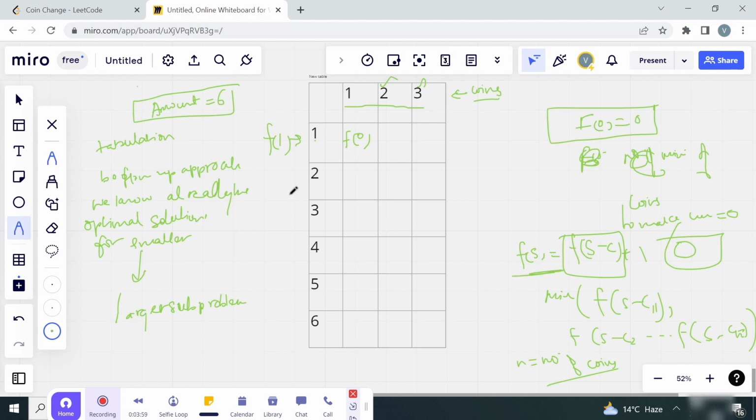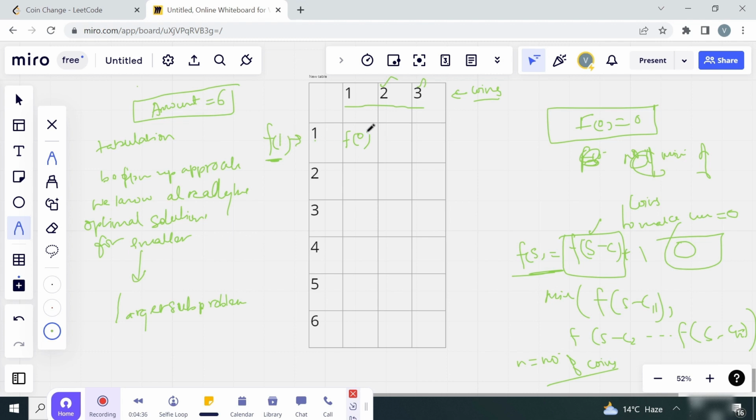So if we calculate the minimum number of coins for the amount s, we have to calculate the minimum number of coins for a sum that is calculated by subtracting each of the denominations, and the resultant will give us the minimum number of coins for that sub problem.